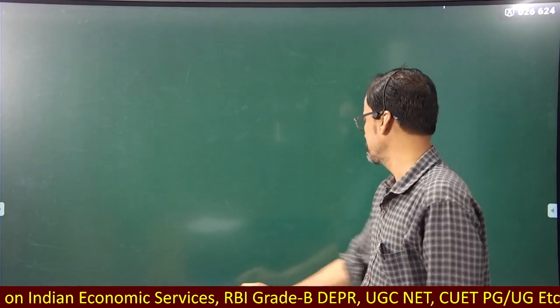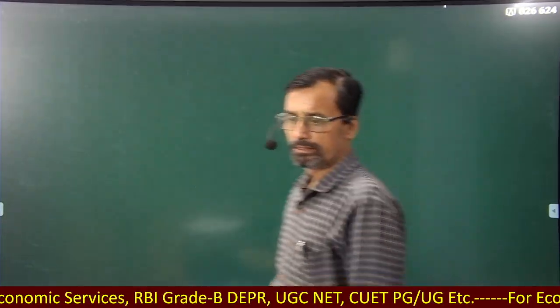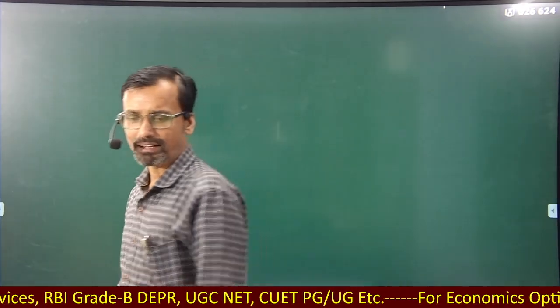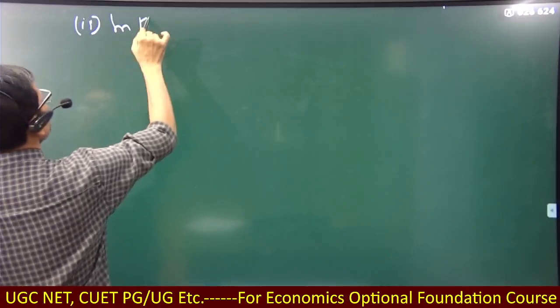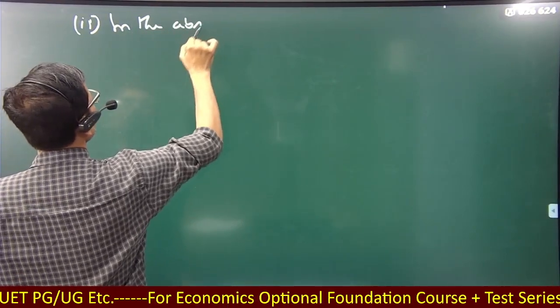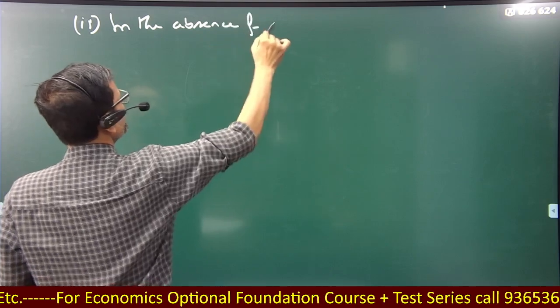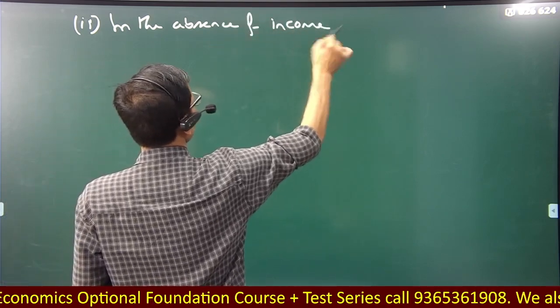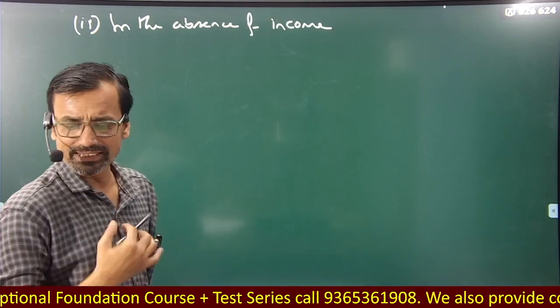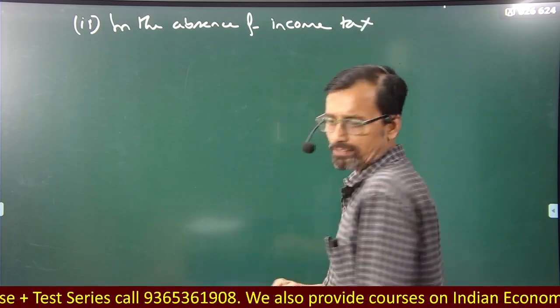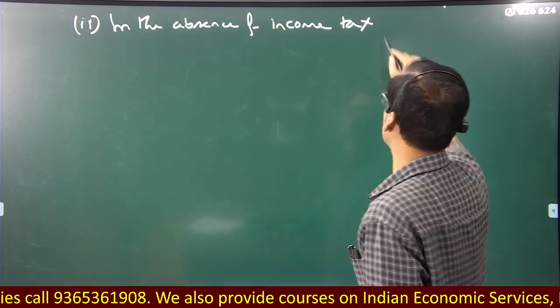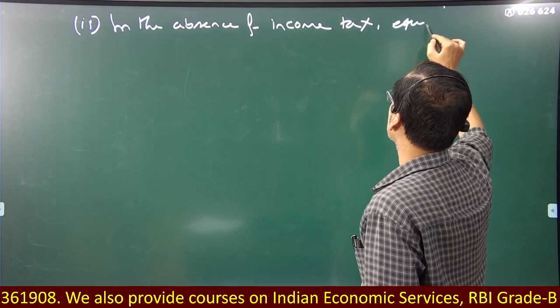What is the second part of the question? In the absence of income tax, there will be no income tax. Without considering the income tax, we have to find out the equilibrium level of income.